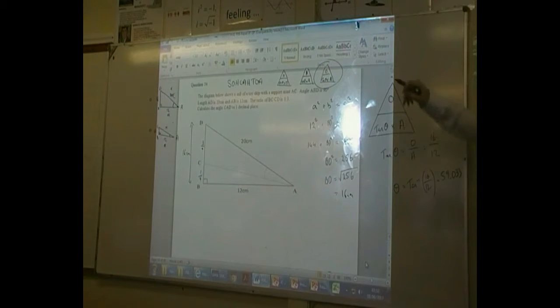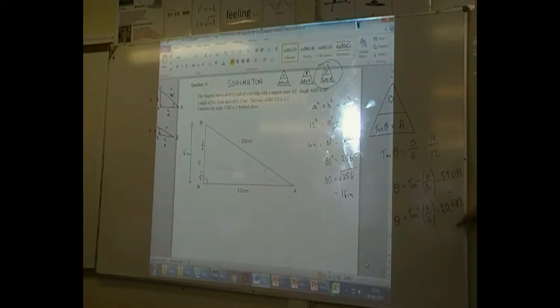And we're going to do the same thing for the other triangle. So theta equals inverse of tan, and this time it's going to be 4 over 12. So if I now do the same thing, but for 4 over 12, I get 20.483.